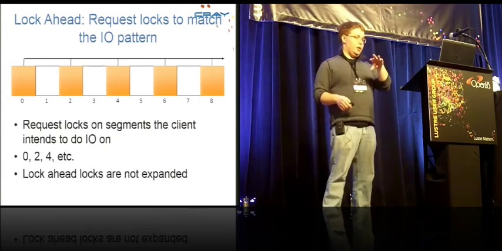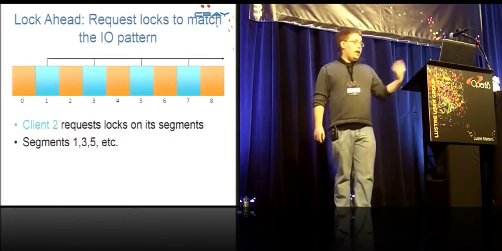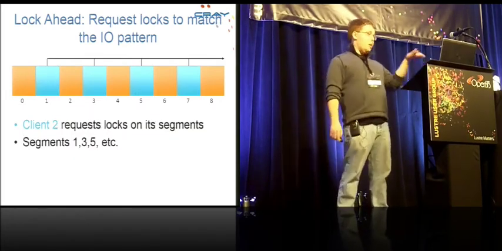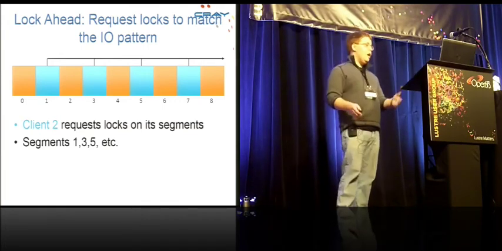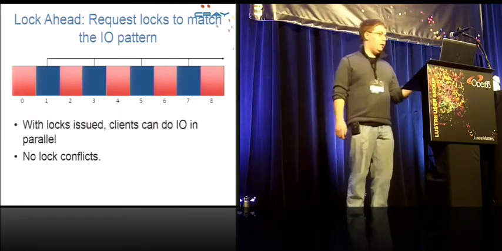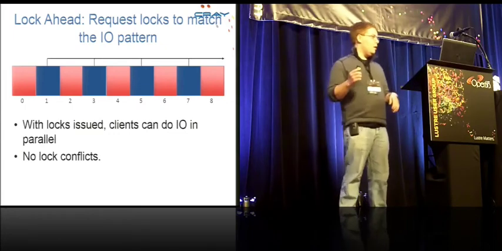You request on a specific extent, and it's granted only on that extent. And then client 1 can start writing at this point, and client 2 separately requests locks on the extents it wants to write on, and then they simply begin to write. And then both clients are able to write and do I/O in parallel. No conflicting locks, no handing the lock back and forth.